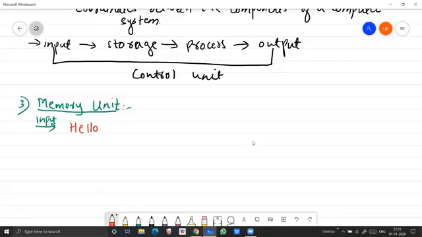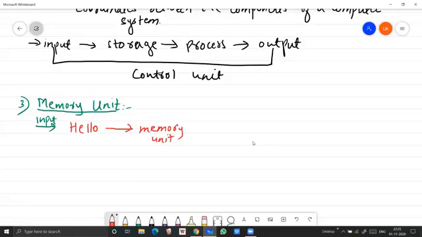Then this hello is stored in the memory unit until the other components of the CPU process it. That means it waits. Until then the hello, the message, the data remains in the memory unit.